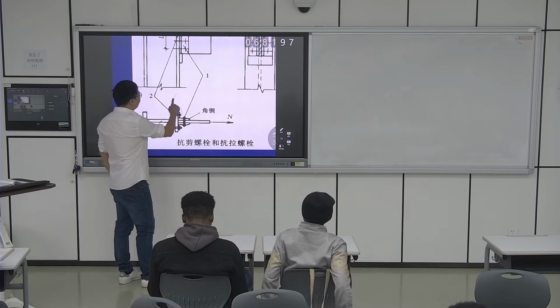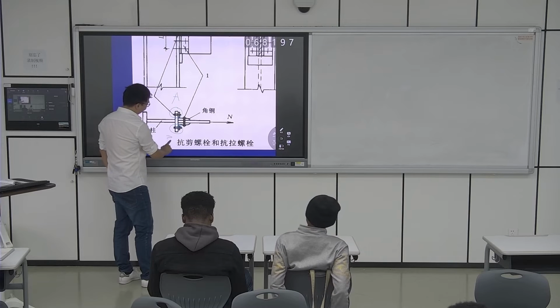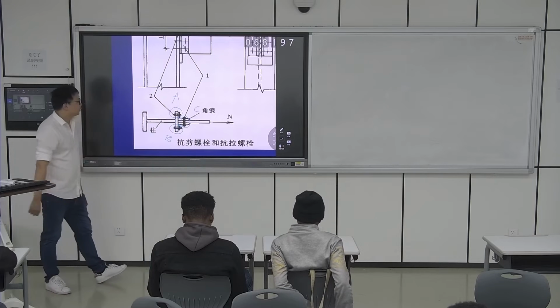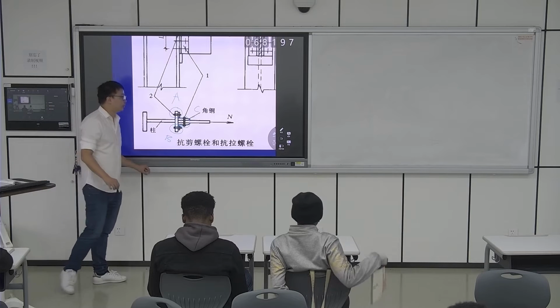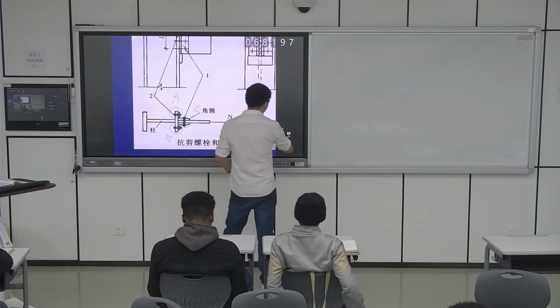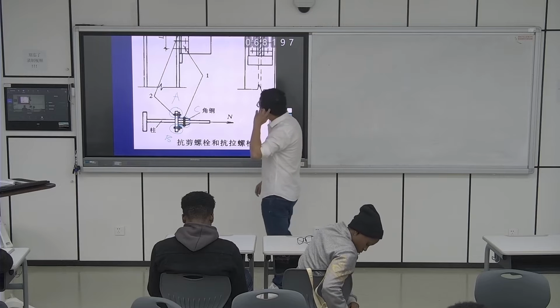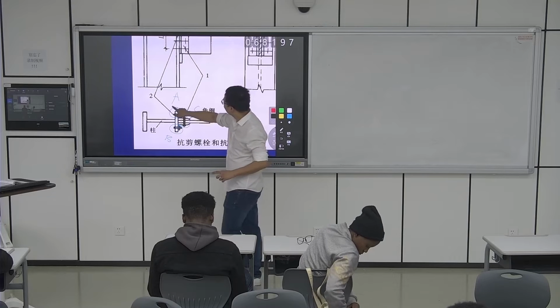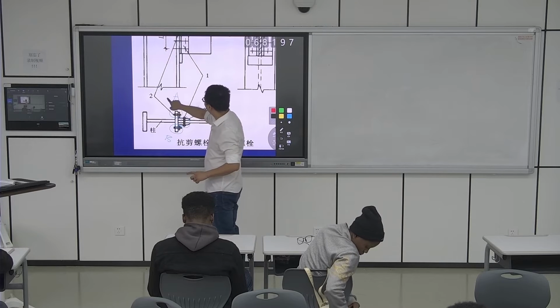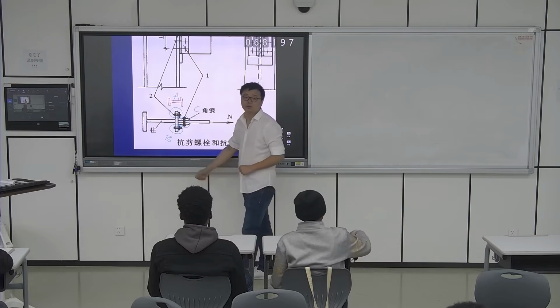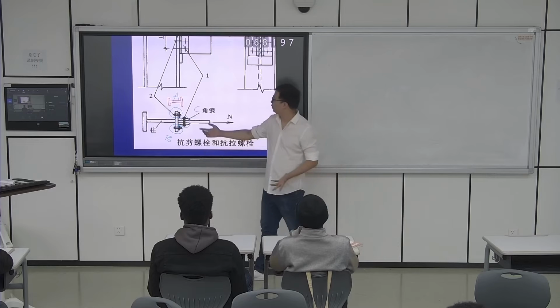For example, this is A side, this is B side, this is C. So now we analyze the force for each bolt. You can see this is the bolt, and here I will plot the figure of the force. Right? This is the bolt.